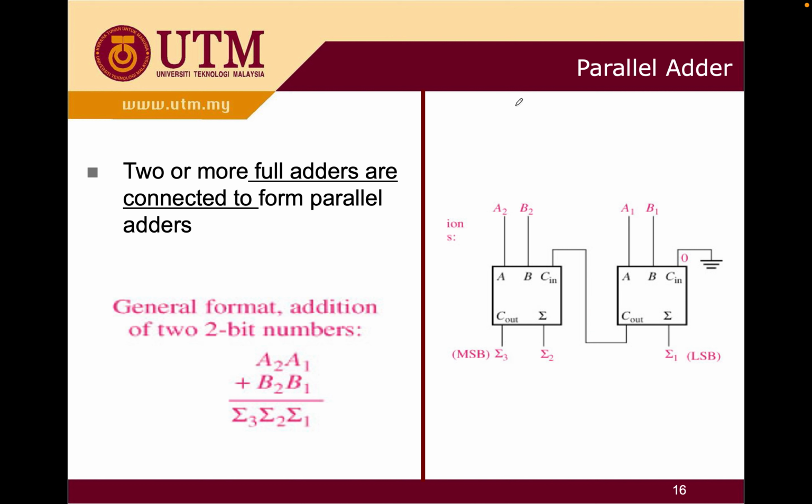Let's say you were given A equal to 1, 0 and B equal to 0, 1. So this one will be A0, this will be A1, this will be your B0, this will be your B1. The question will inform you whether this is A0 or A1. It depends, okay?